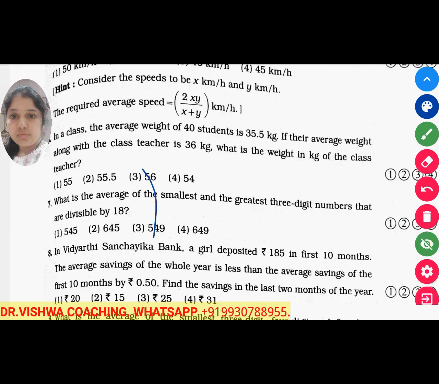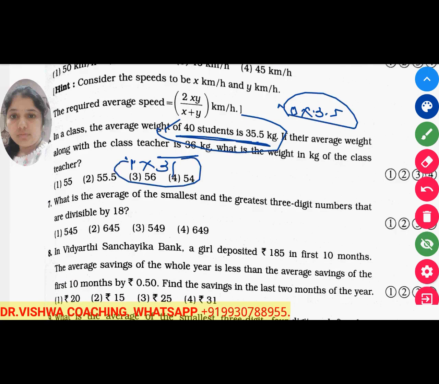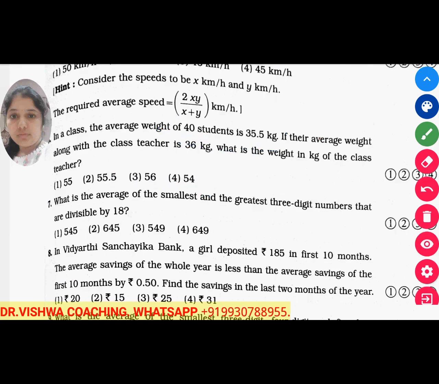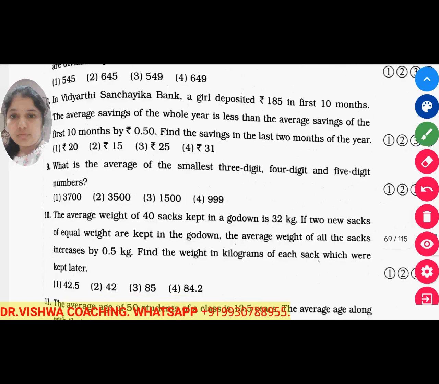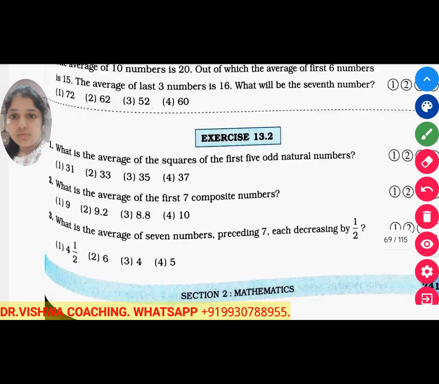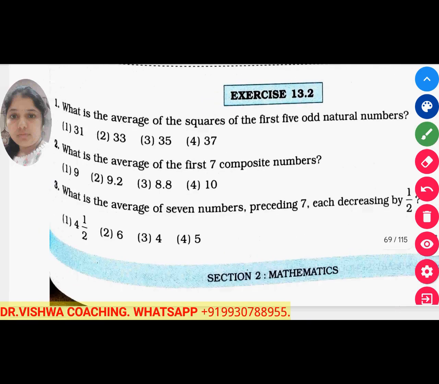Now what you have to do, you have to calculate the total weight of 41 persons with 36 and 40 persons with 35.5, and just subtract this 40 into 35.5 from 41 into 36. Whatever answer you got, you just subtract the smaller value from the greater value, you will get the weight of class teacher. Okay, now these are some sums that are based on these things only, so you all can try it at home.